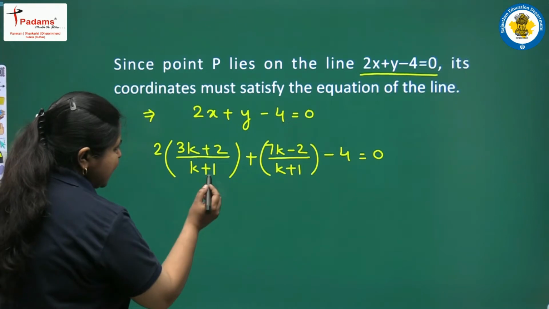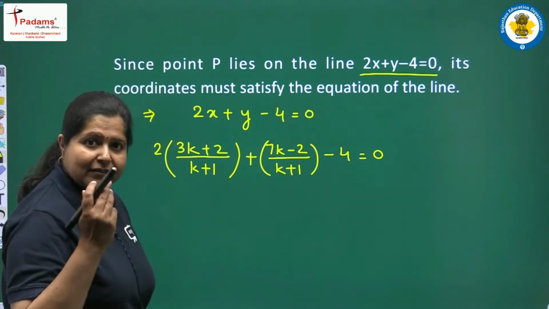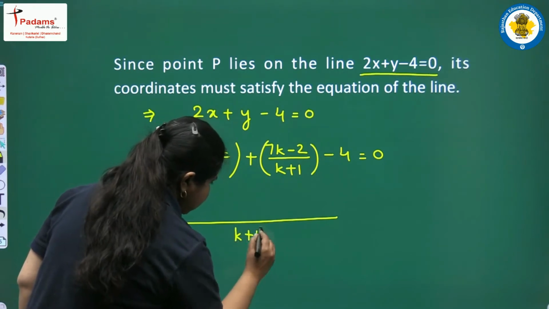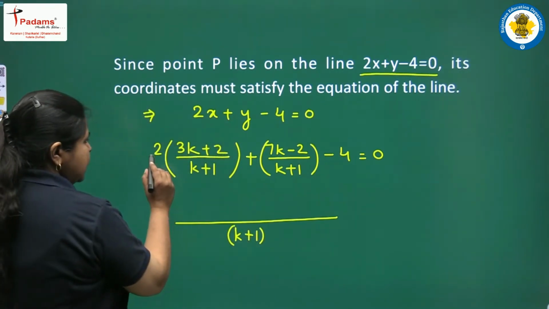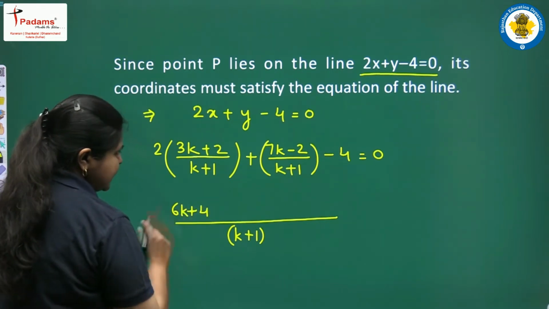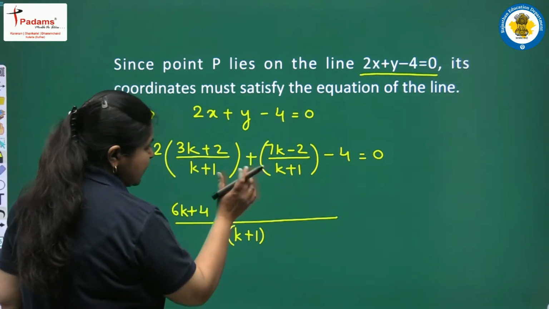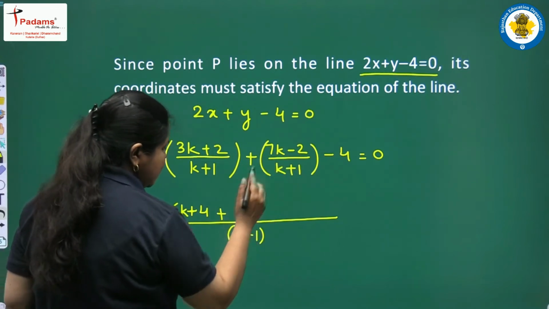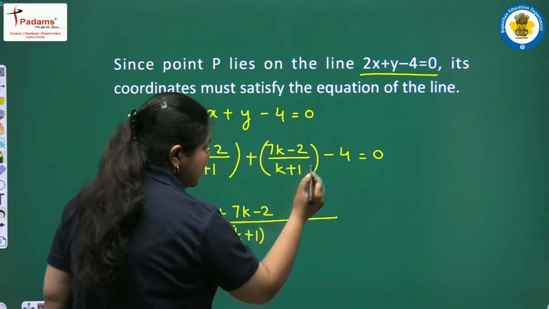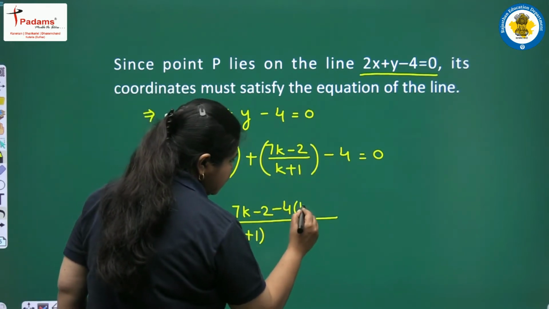You will see that k plus 1 is there in the denominator. We can take it as the LCM. We took k plus 1 as the LCM, so here 2 times 3 is 6k plus 2, and 2 times 2 is 4, as it is. Plus, since k plus 1 is in the denominator here also, this expression 7k minus 2 will come as it is, and here 4 will get multiplied with k plus 1.